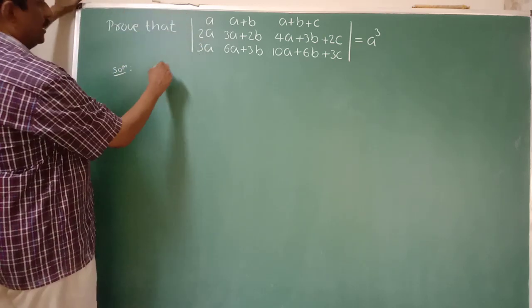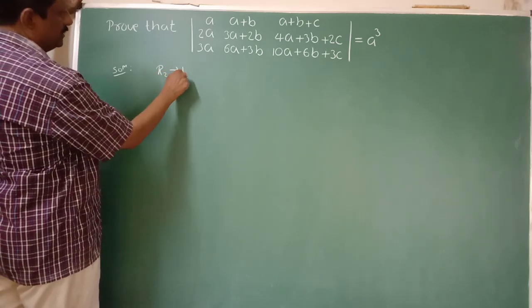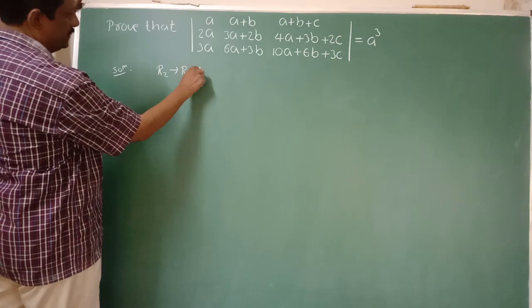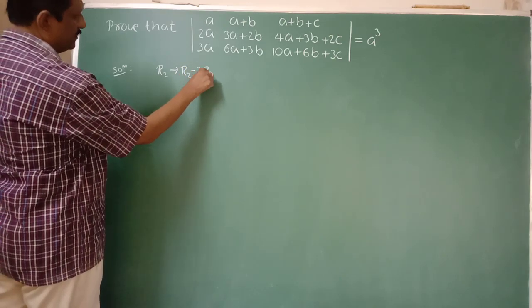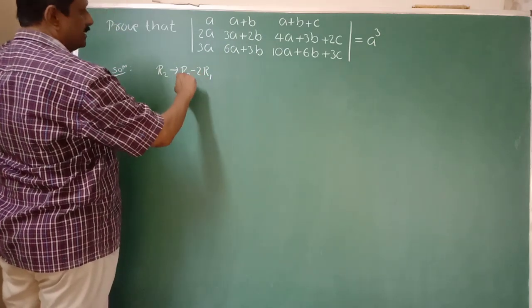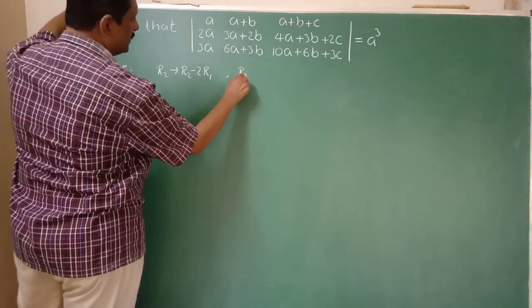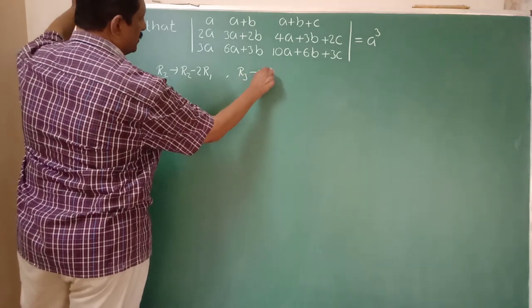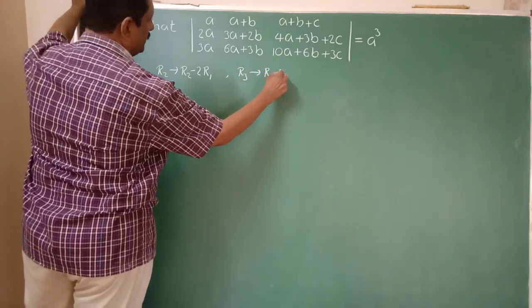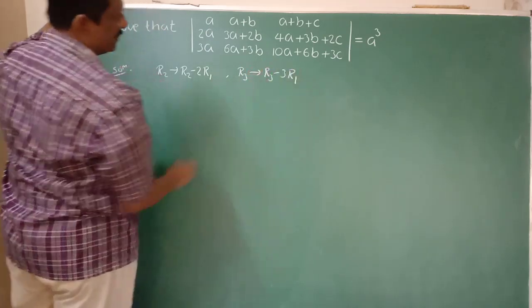Therefore R2 gives R2 minus 2 into R1, and the third row gives R3 minus 3 into R1.